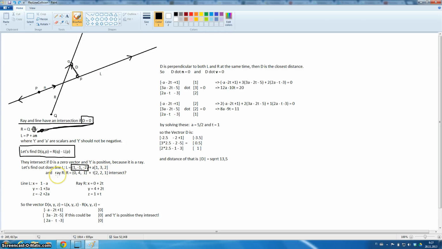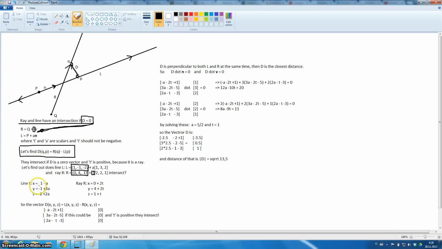And then there is a ray with starting point origin in that dimension, and then there is a vector with a scalar, and remember that this should be positive if they intersect.